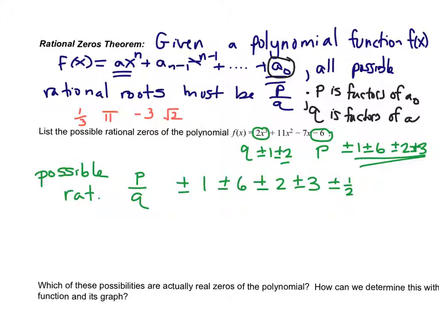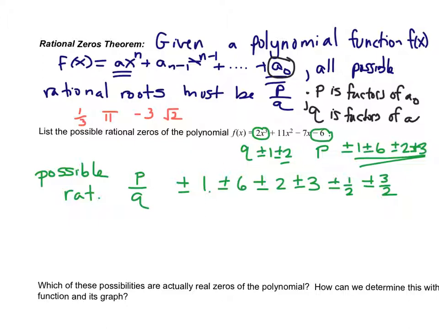We have 6 over 2, which is 3, but I already have 3, so I don't need to write that again. 2 over 2, which is 1, which I already have. And 3 over 2, which I don't have, so that's another possible. So of all the rational numbers, which are infinitely many, we essentially can pare it down to only 12 of them that could even possibly work as rational zeros, and they're in this list.